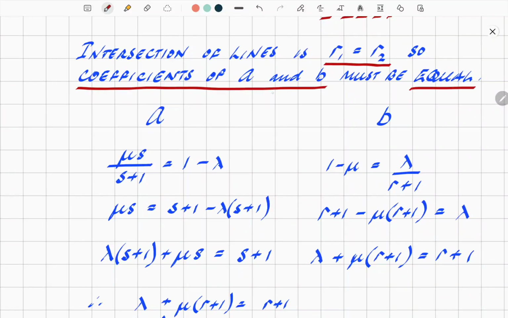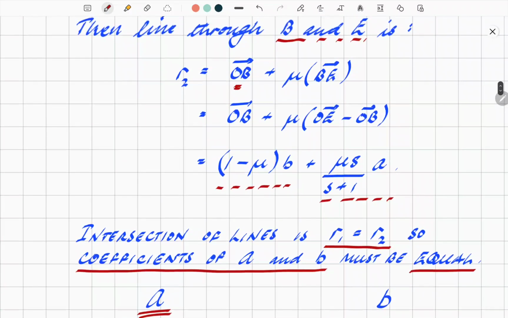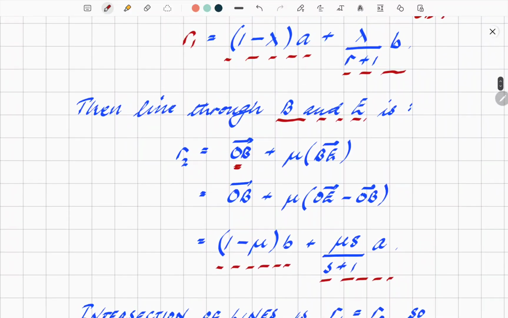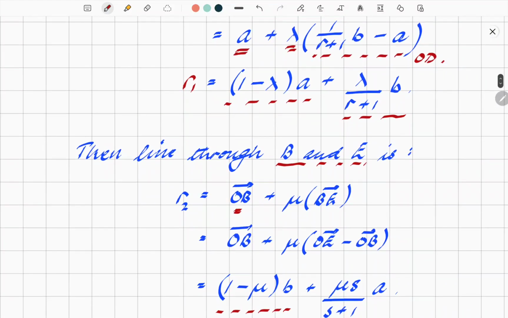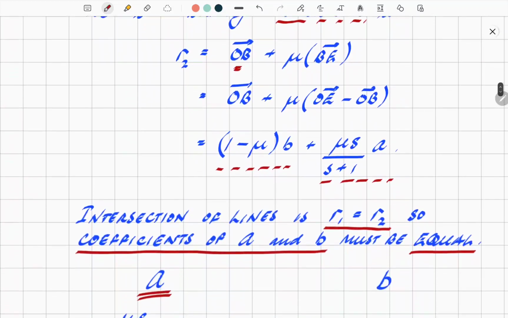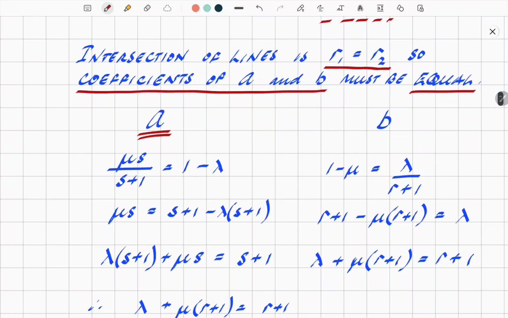So if we are equating the coefficients, then from the two equations we have above, looking at the component A, then mu s over s plus 1 must equal 1 minus lambda. Just again to verify that, here's your mu s over s plus 1 for A. And in this one, you've got 1 minus lambda A. So those two must equal each other.